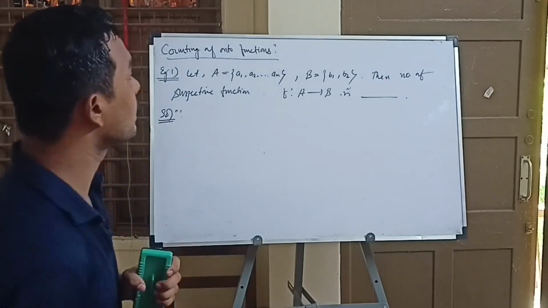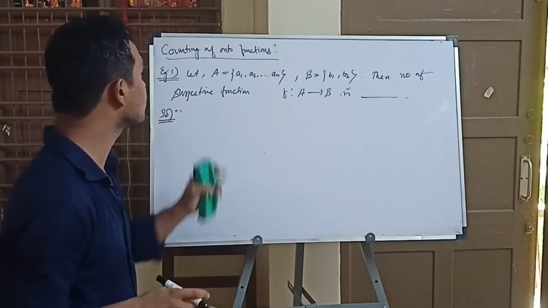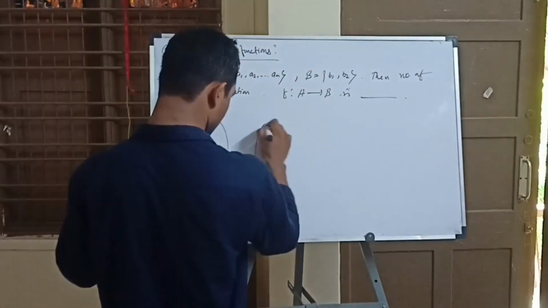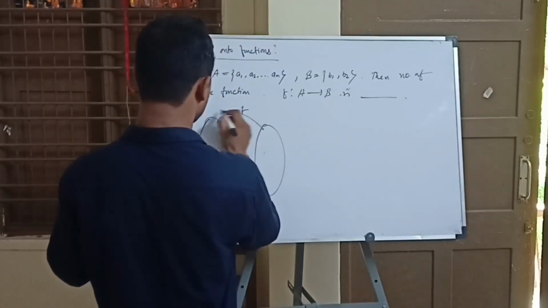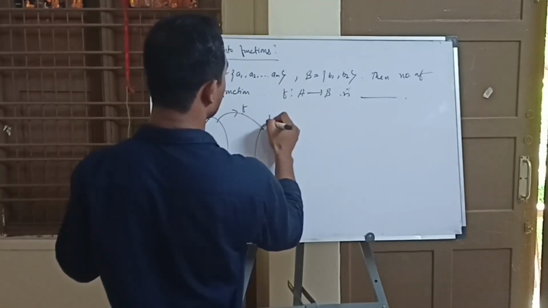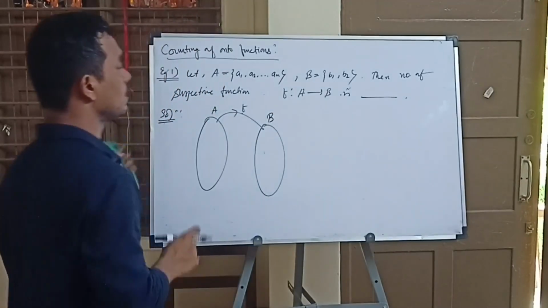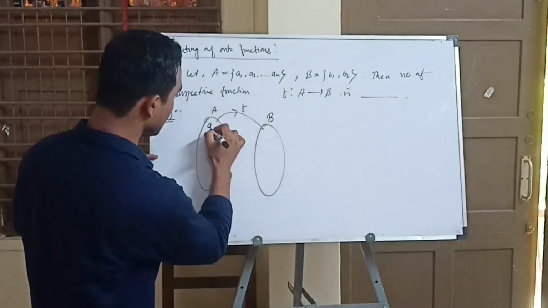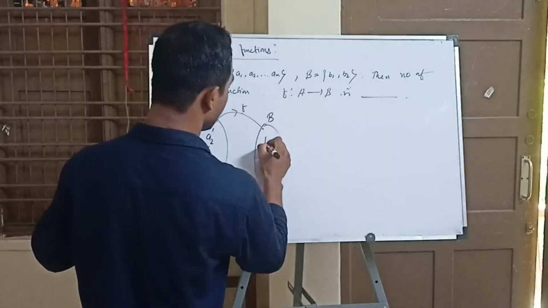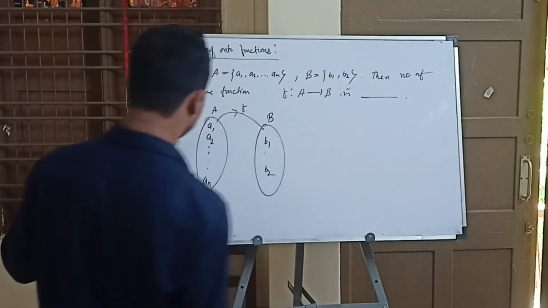Now we will find the number of onto functions from A to B. Okay, let's draw a pictorial diagram so that we can easily understand the problem. Here a1, a2 up to an are here, and here only two elements b1 and b2.